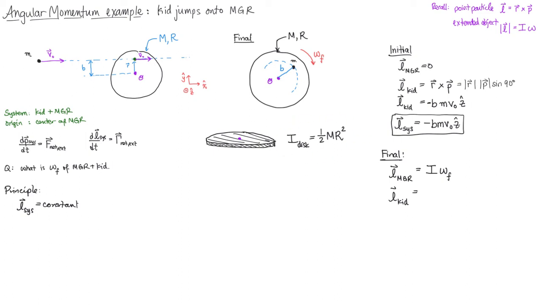Well, you recall that the rotational inertia for point particles is defined to be the sum of each mass in the system times the perpendicular distance between each little mass element and the rotation axis, and we sum that up from 1 to n. In the limit of continuous objects, this sum becomes an integral, and when you do that integral for a disk, you end up with 1/2 M r squared.